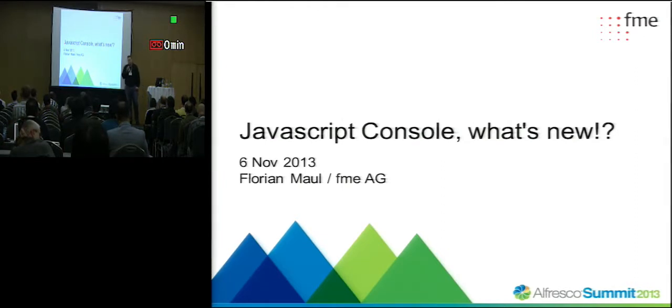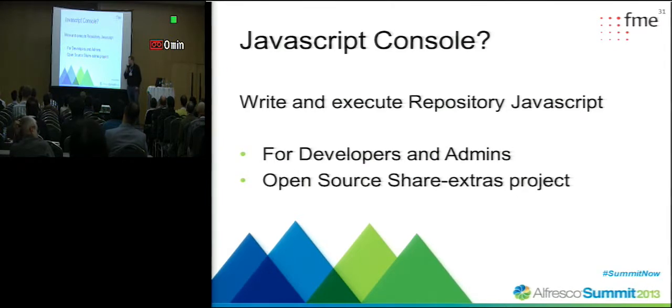I gave a talk last year in Berlin about that, a bit longer than this, but today I just want to tell you a little bit what's new, what we have done in development, and what you can use almost today. So just for anyone who might not know the JavaScript console, it's an extension for Alfresco Share that allows you to write and execute JavaScript and run it in the repository.